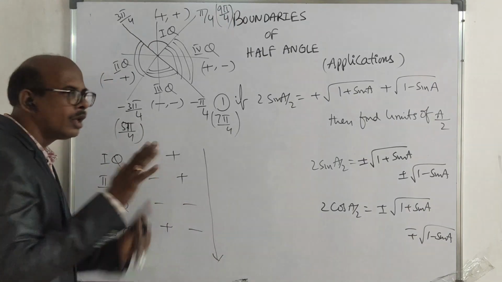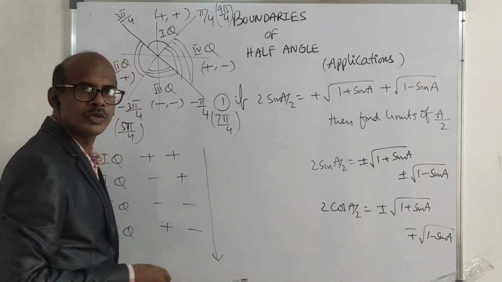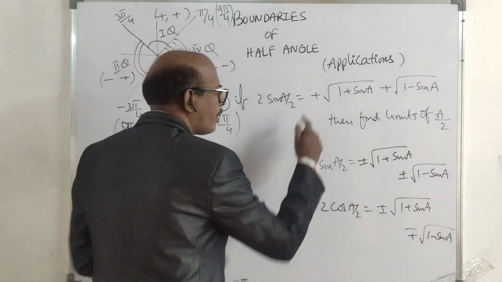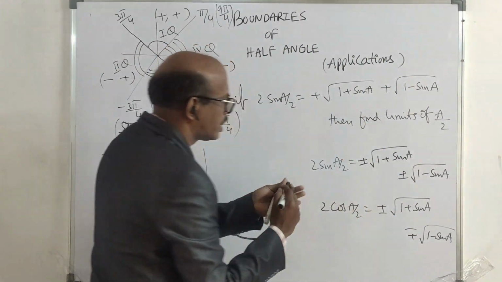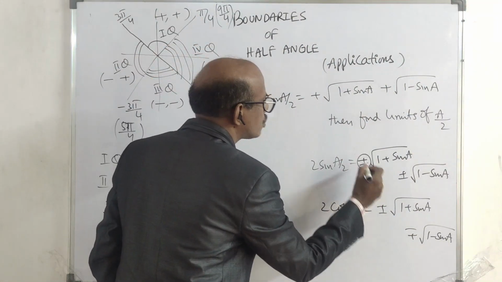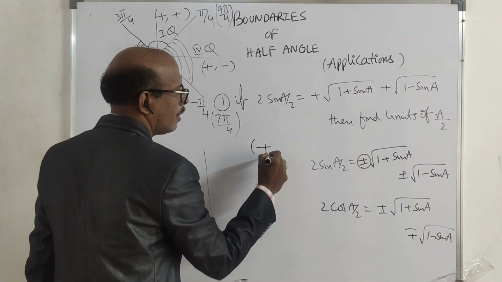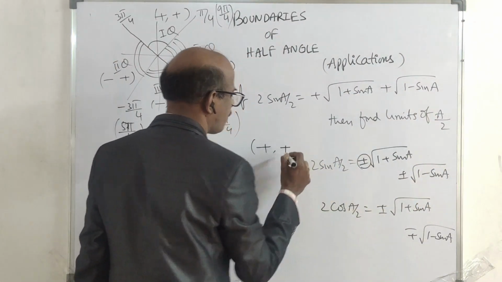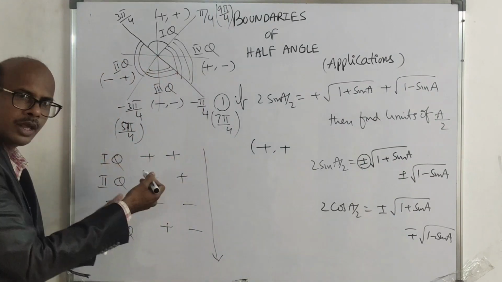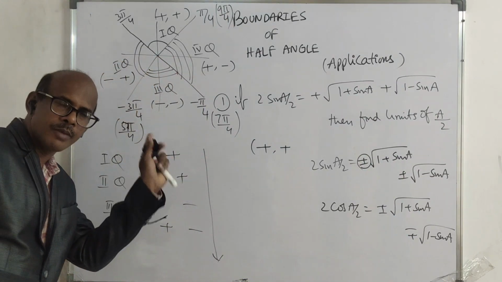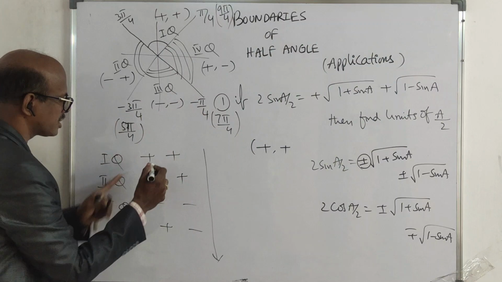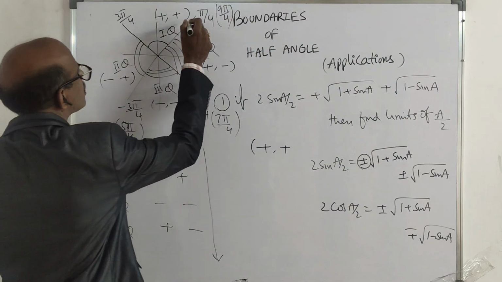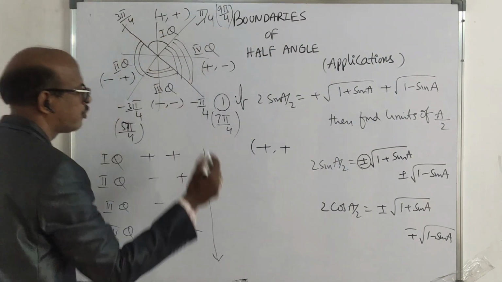Suppose this question, today's first question: 2 sin A by 2 equals plus root 1 plus sin A, and here root 1 minus sin A, the symbol is plus. So plus plus is there. Immediately you enter into the diagram: plus plus is the first quadrant. First quadrant means the boundaries are pi by 4 to 3 pi by 4.